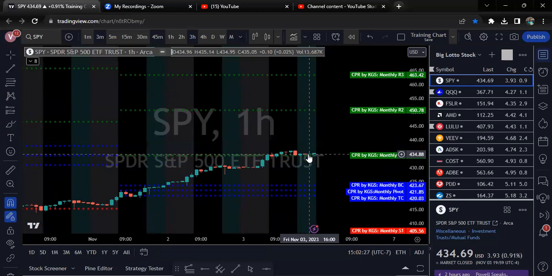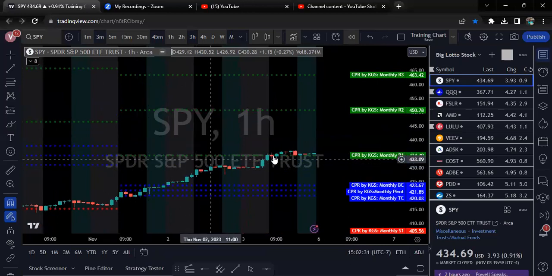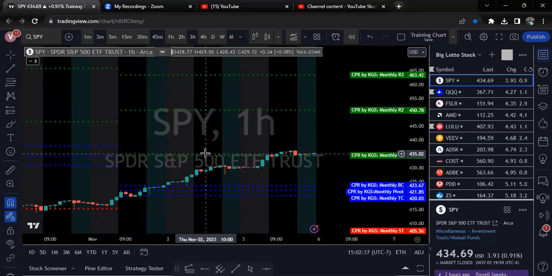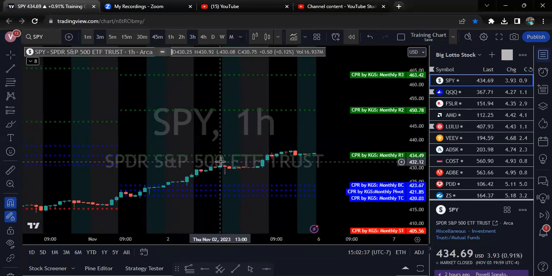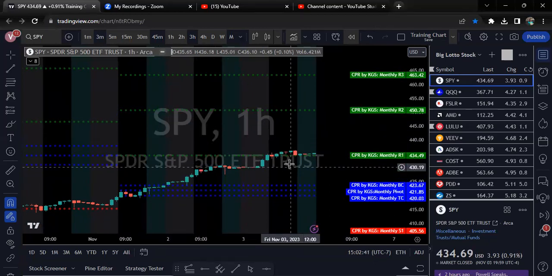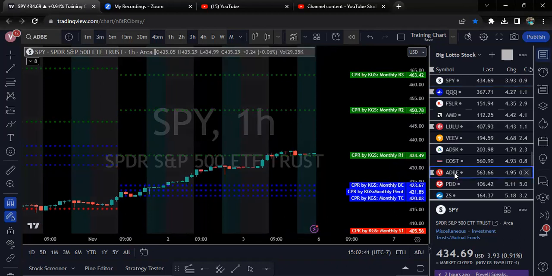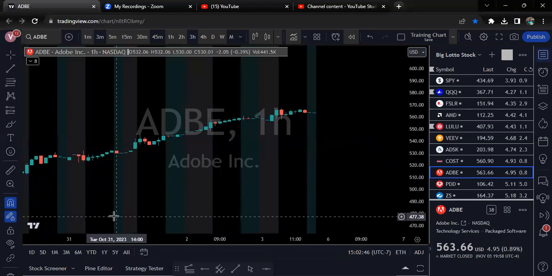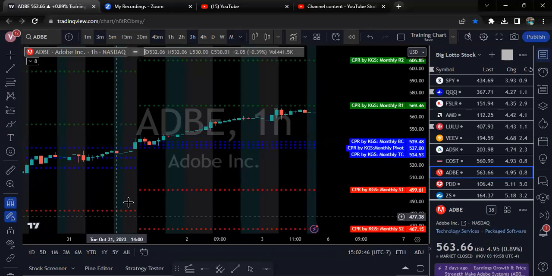So for those people who are having a hard time holding, just look at where this stock is headed. That's part of your criteria when you're doing your lists of stocks to trade. You're looking at where this stock is headed, and it's for any stock, not just SPY. Is it above CPR? It is.